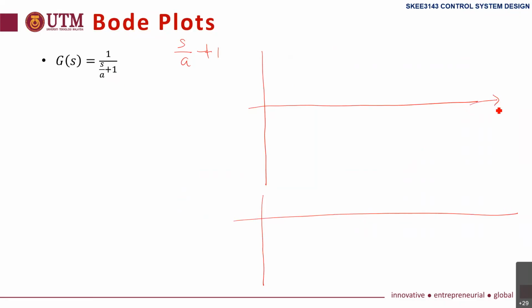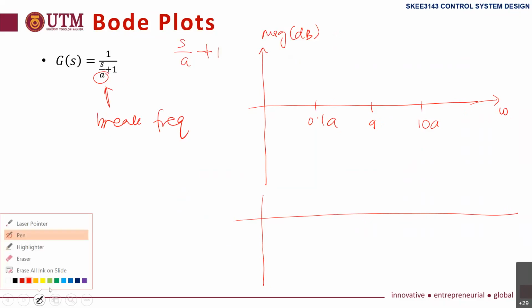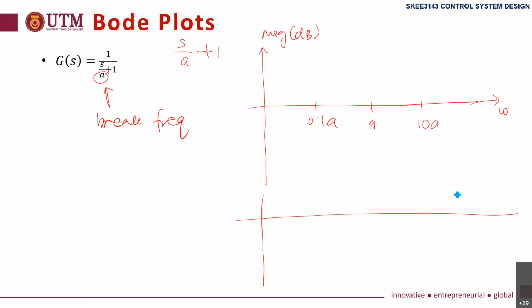it's here, omega, magnitude in dB. Our interest is A, 0.1A and 10A. A is the break frequency again. So before A, it will be 0 dB.